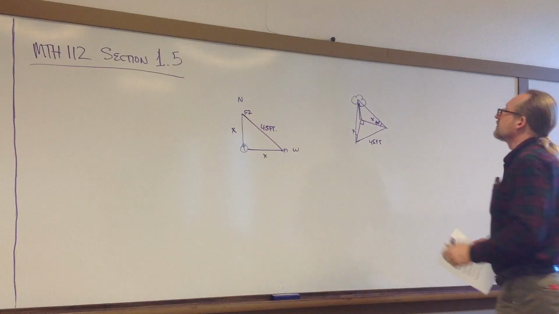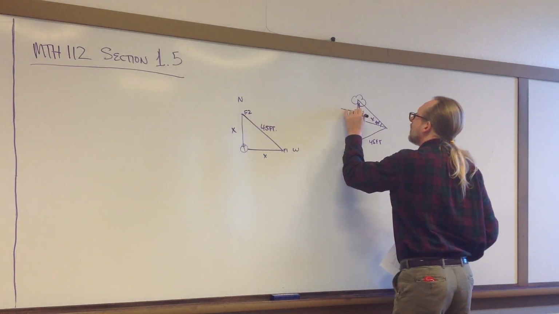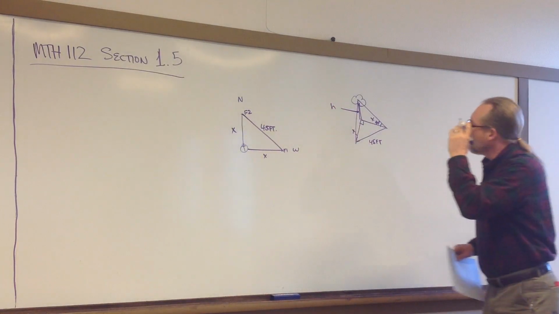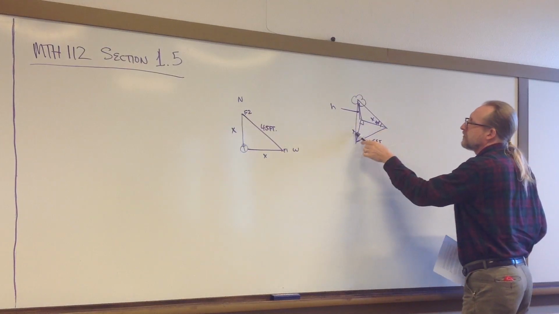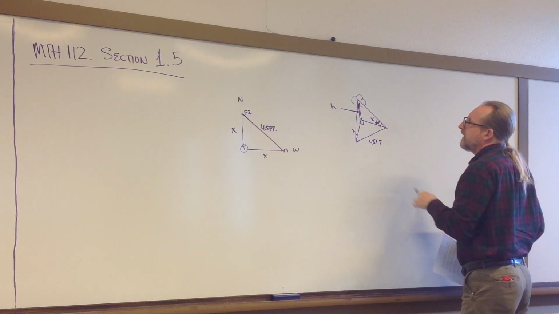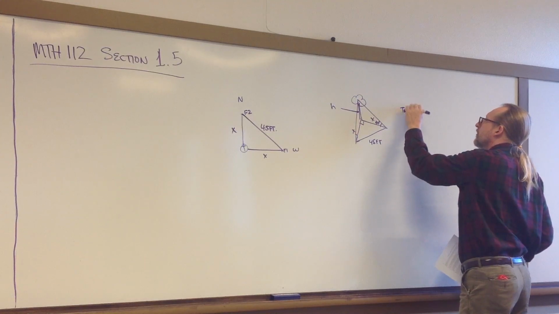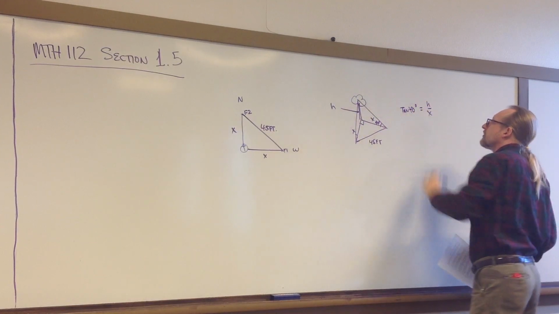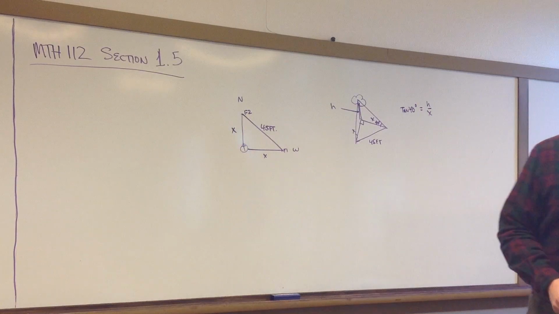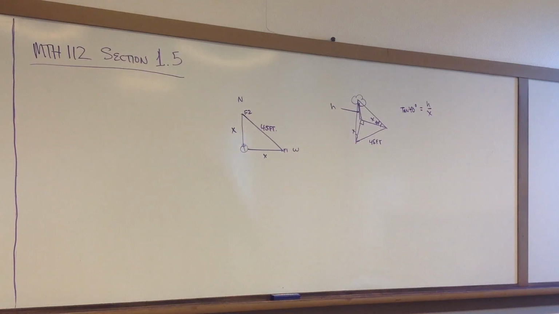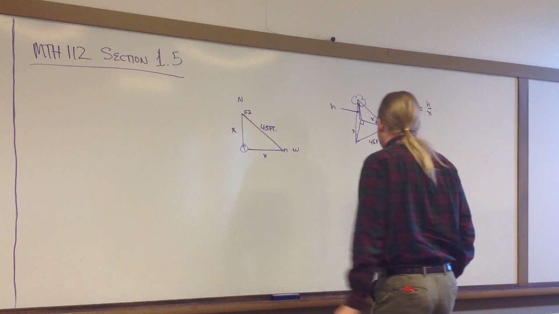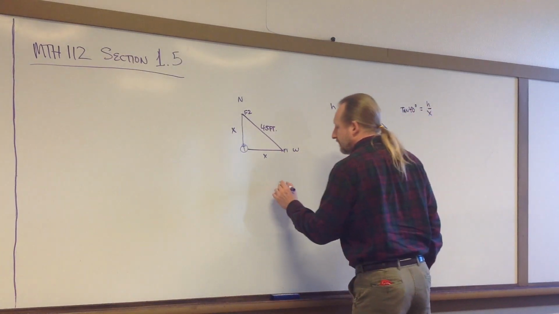And what do we want to know? How tall is the tree? Well, what we need to do is find the value of X here. And then once we know X, we can say the tangent of 40 degrees is going to be H over X.